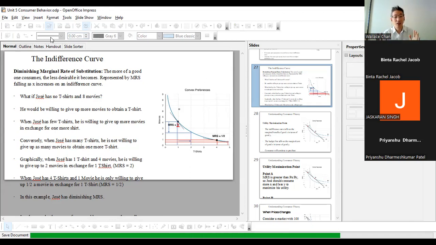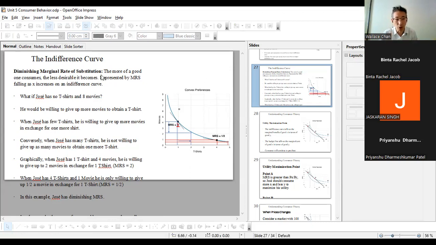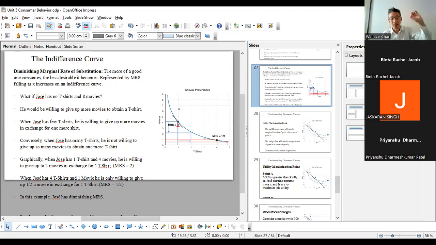This is basically called the diminishing marginal rate of substitution, meaning that people usually want a combination of the two in a more balanced way. Because supposedly the more fish you have, the additional fish you get gives you lower satisfaction compared to the previous fish.